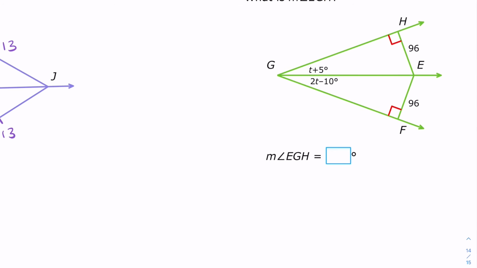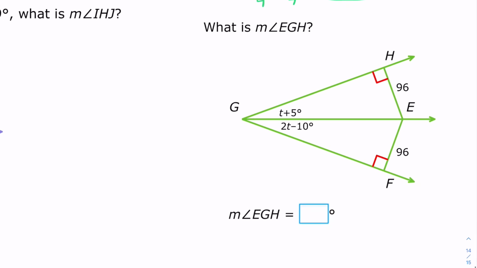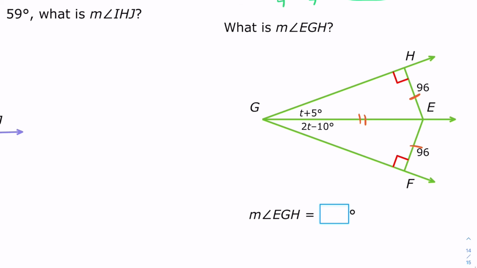All right. Here we are. We have this congruent, and we have the right angles congruent. And we have a shared side. So that's congruent to that one. So we have enough information. We're going to solve for EGH, but the first thing we have to do is solve for our variables.